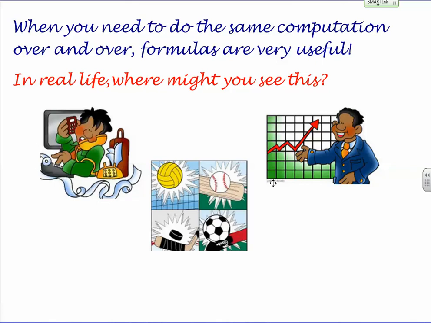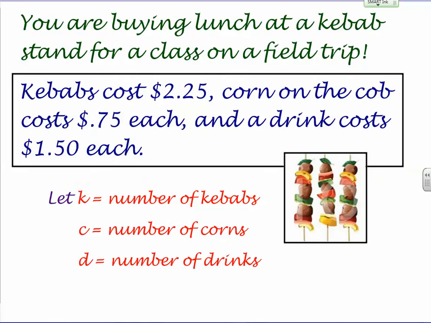So we had lots of discussions about where you see these. In science, you see formulas all the time. If you're a pharmacist, you use a formula to make the combinations of elements and to create certain drugs that people need to get well. So you need to use formulas. They're very useful. You see them in real life all the time.